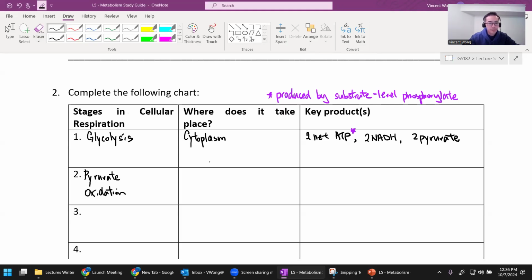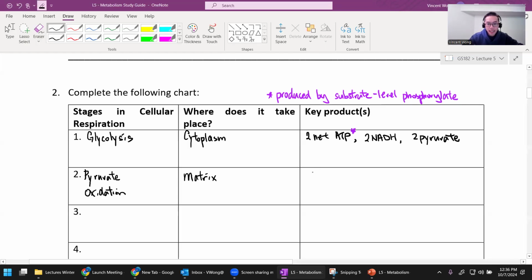What location does pyruvate oxidation happen in? If you have the notes from last class, that might be a good place to take a look. That's right. It is going to happen in the matrix of the mitochondria. Very good. All right.